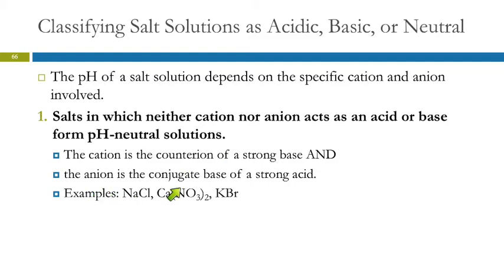The anion is the conjugate base of a strong acid. So sodium chloride. Sodium is the conjugate acid of sodium hydroxide, a strong base. Chloride is the conjugate base of hydrochloric acid, a strong acid. So you put salt in water, it doesn't change the pH of the water at all. These are pH neutral.